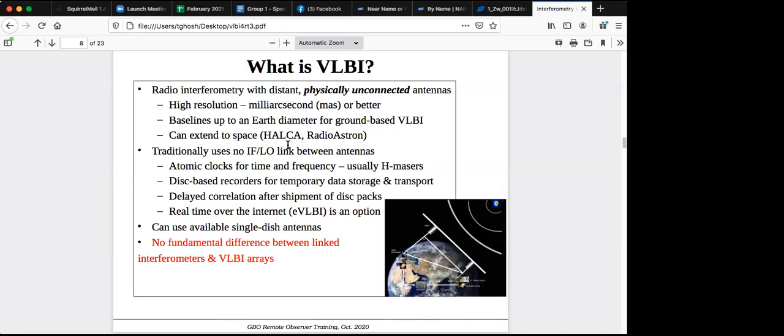There was a Japanese station called VSOP or Halca that was operating in the early 90s. And then there was a Russian satellite, RadioAstron, which just finished a couple of years ago. So these gave you huge spatial resolution.